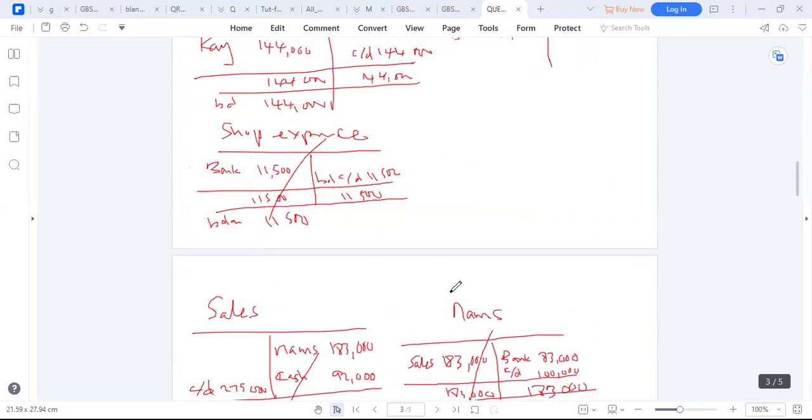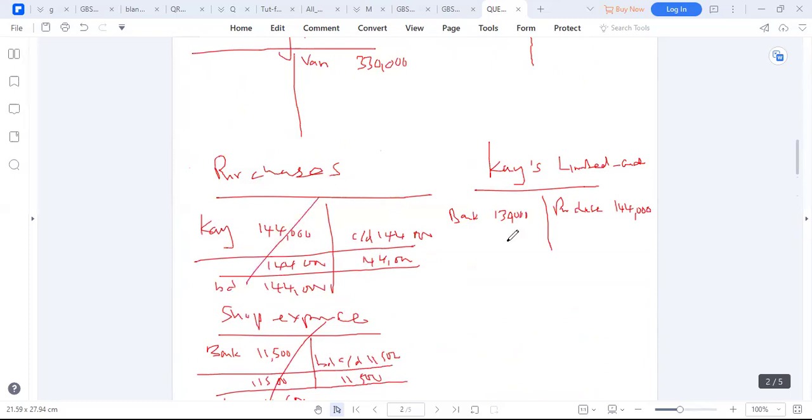All right, so we close purchases. K was a creditor. So here we pick the bigger figure. What is it? 144. So what's the balance? 144 minus 130, 14. 14,000 confirmed.